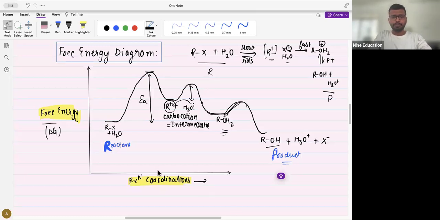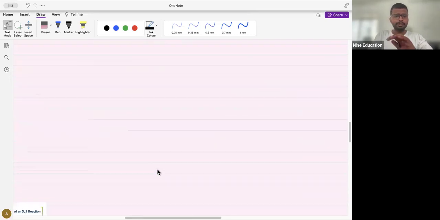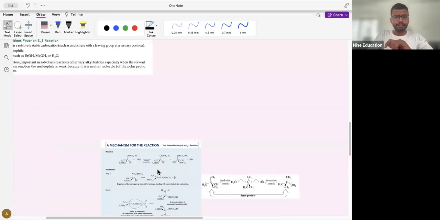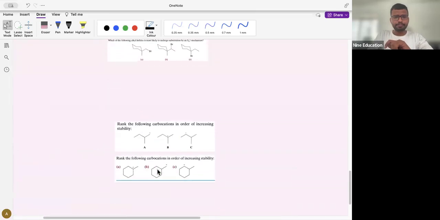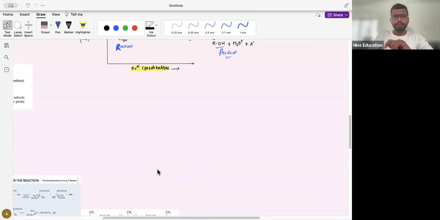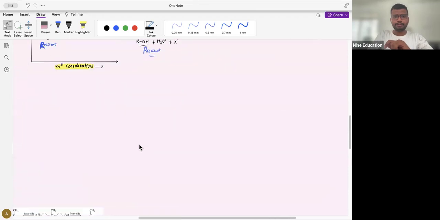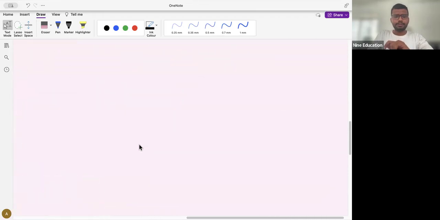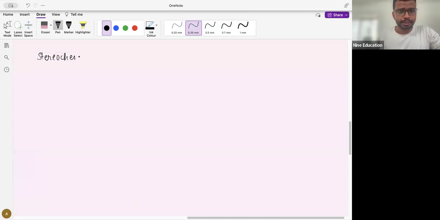Sure. Now we will see the stereochemistry of SN2 reaction. देखेंगे हम. Stereochemistry आपको पढ़ाया है.